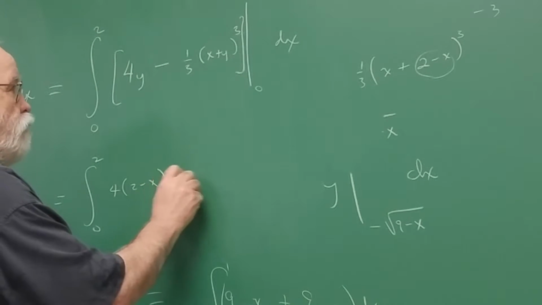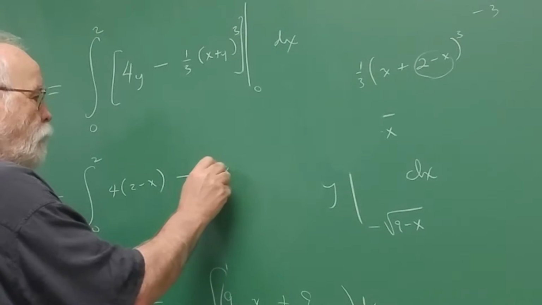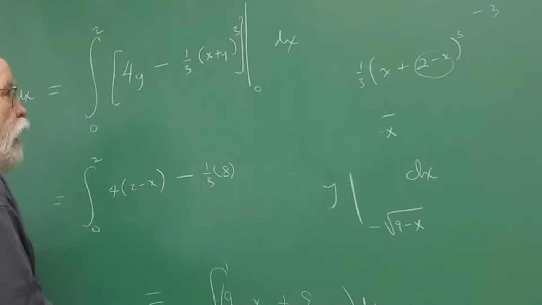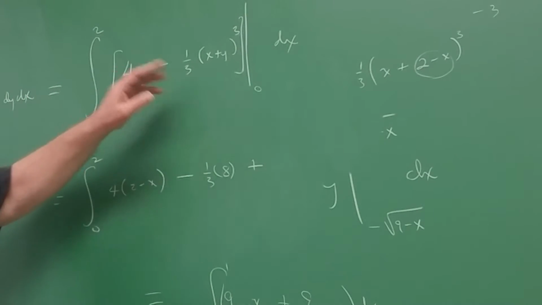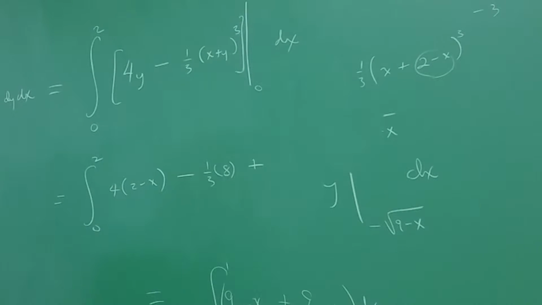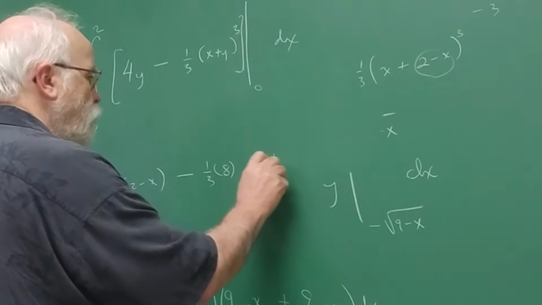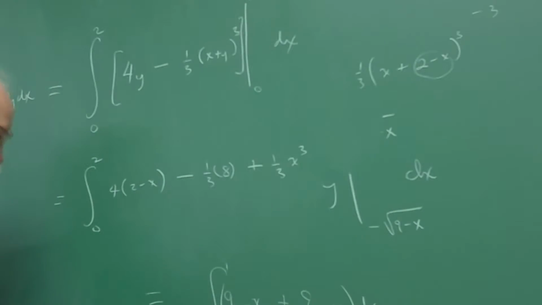So that's just going to give me a negative 1/3 of 8. And then I'm going to get a positive because I've got to subtract for the lower limit, but I've already got a minus. Well, that's just going to be 1/3 of x cubed. Oh, look, difference of cubes.